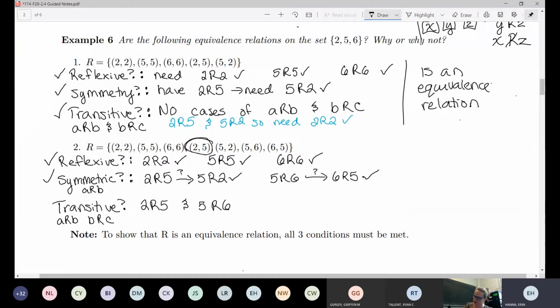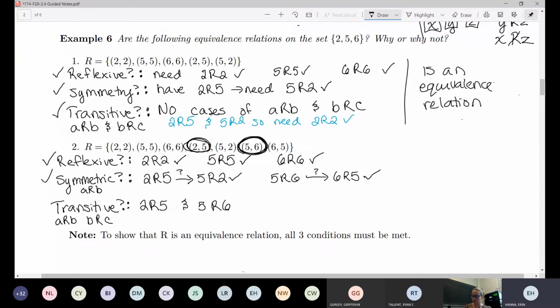Which matches the pattern we want to look at for transitivity. If this is going to be transitive, we would want to have that 2 is related to 6. Do we have that 2 is related to 6 in this relation? No, we don't. So this is not transitive. So this is not an equivalence relation.